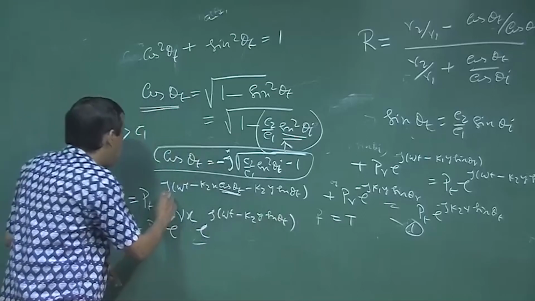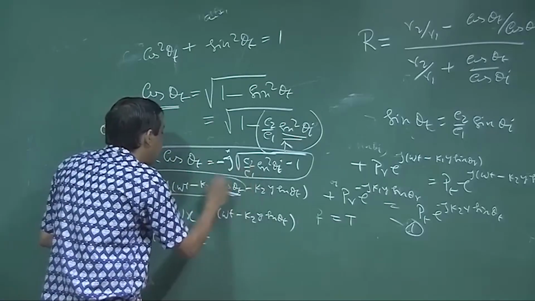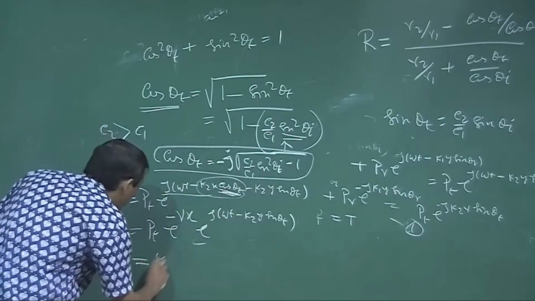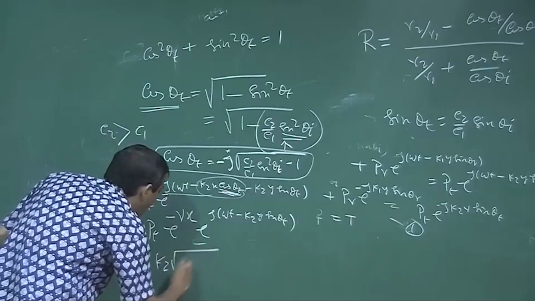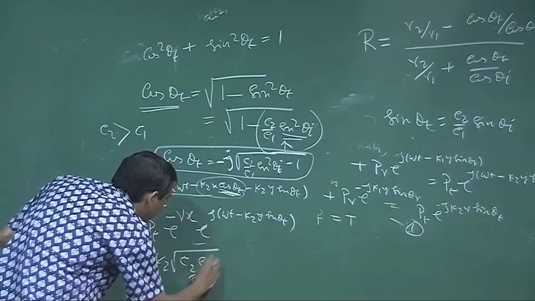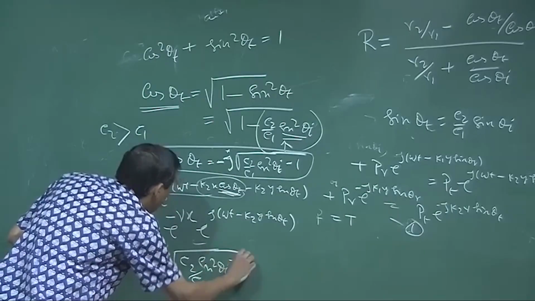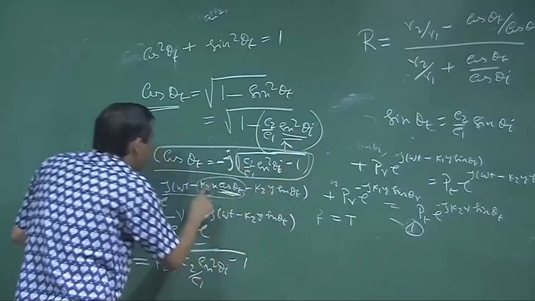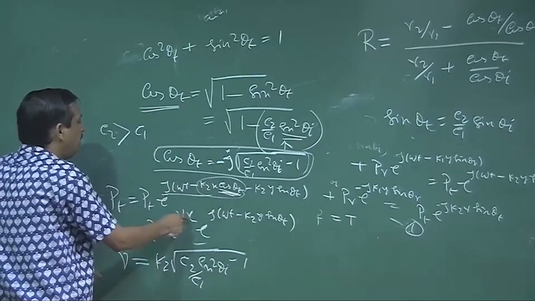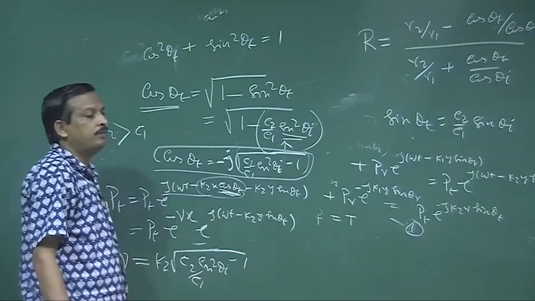Here, j cancels when I put the value of cos theta t in this equation. So, gamma is nothing but k2 root over of C2 by C1 sin square theta I minus 1. This term into k2, I call gamma. So, we have e to the power minus gamma x, e to the power j omega t minus k2y sin theta.